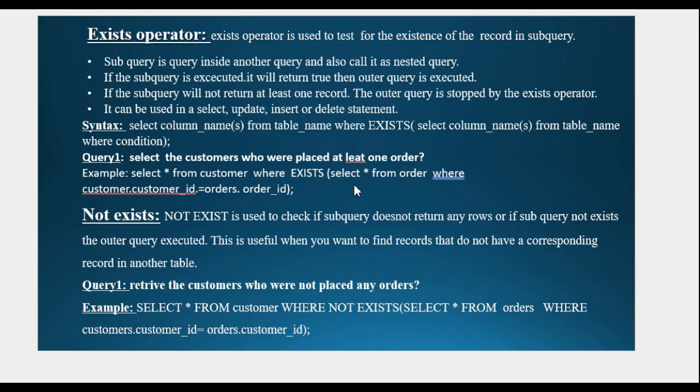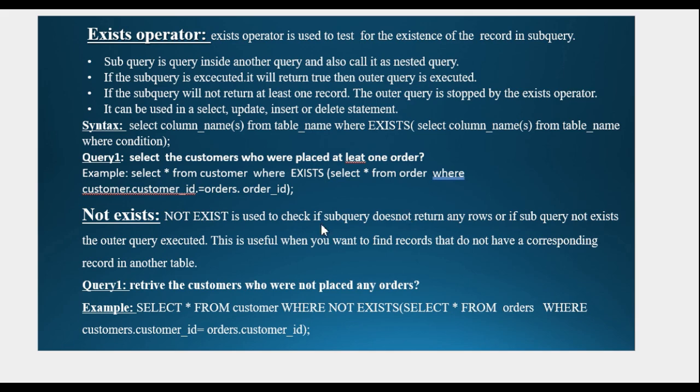In real time, the EXISTS operator is useful and faster for large data, and stops checking once a match is found. It improves the performance and is used for validations and reports.